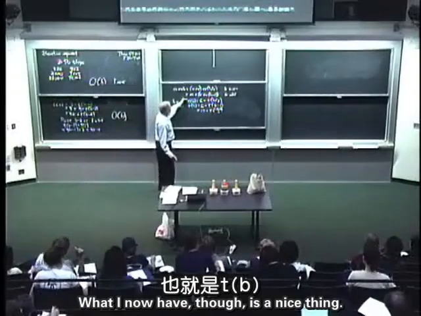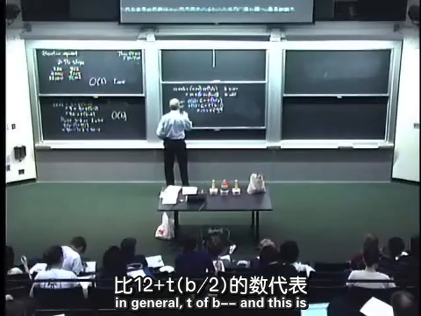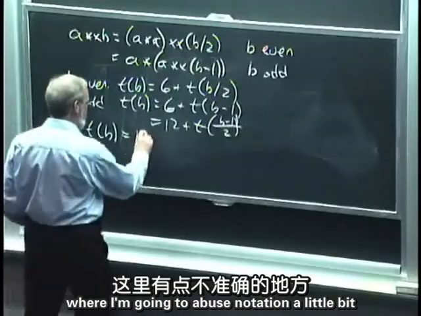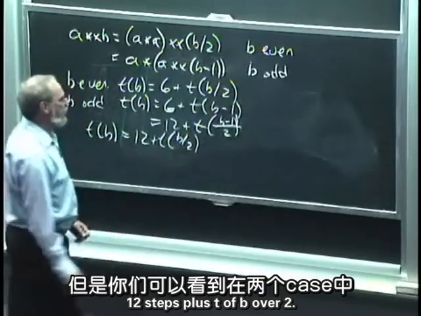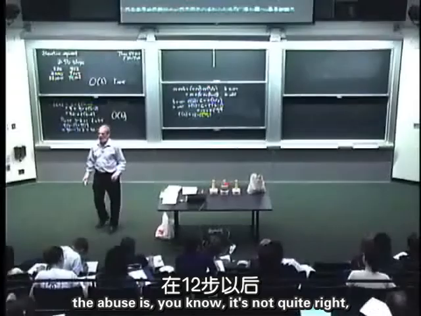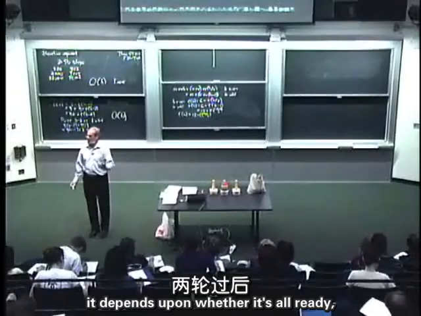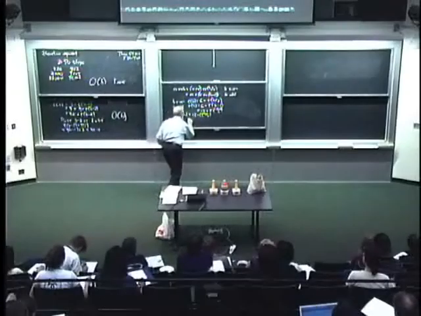It says in either case, in general, T of B, and this is where I'm going to abuse notation a little bit, but I can basically bound it by 12 steps plus T of B over 2. Okay, the abuse is, it's not quite right. It depends whether it's already even, but you can see in either case, after 12 steps, 2 runs through this, I'm down to problem size B over 2. Why is that nice?